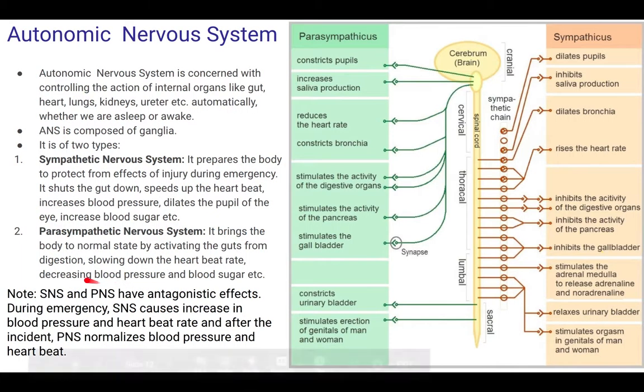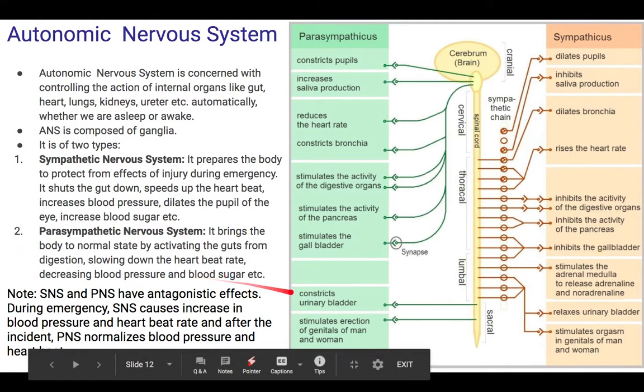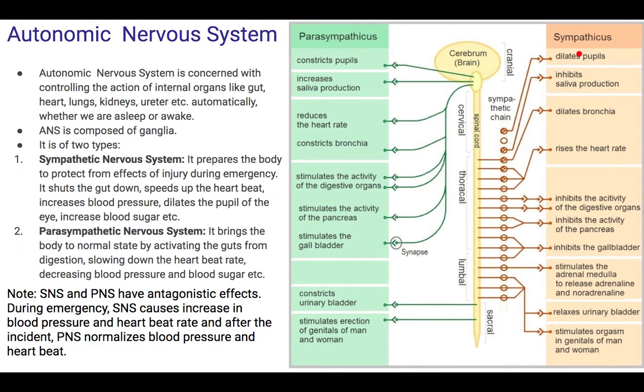Blood pressure will decrease, and even blood sugar will decrease. So you can compare: sympathetic dilates the pupil, but here it contracts the pupil. When sympathetic nervous system increases, saliva production stops, so your mouth gets dry. Here your saliva production will increase. So they work opposite to each other.